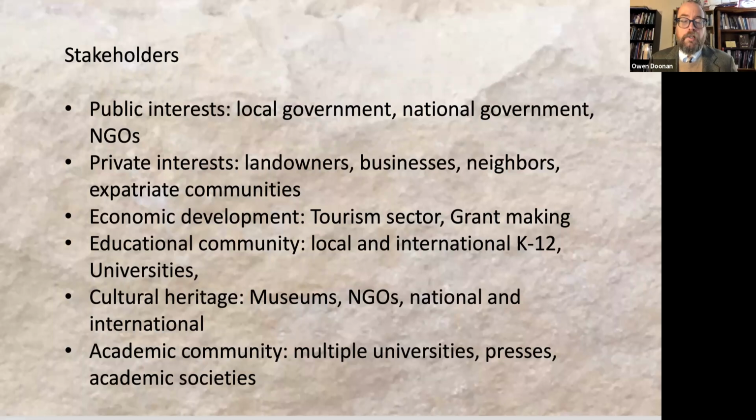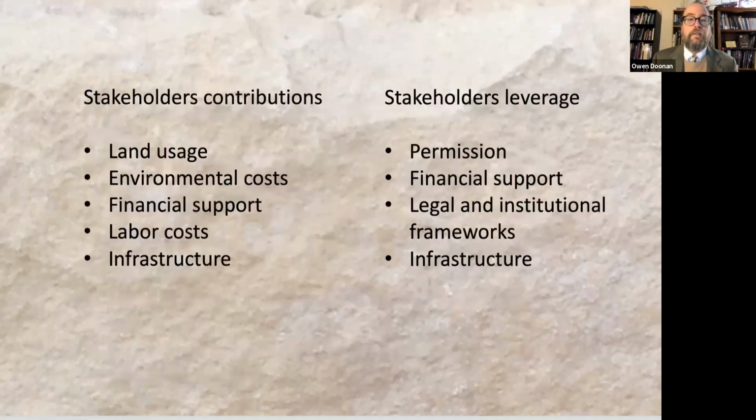And so different stakeholders are contributing their lands and environmental costs, offering financial support, labor, infrastructure, skills, and so on and so forth. And the stakeholders have different kinds of leverage over whether we can work or not. And these things are truly impactful on our project.